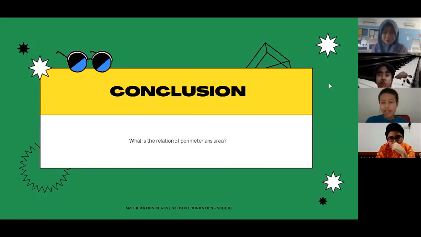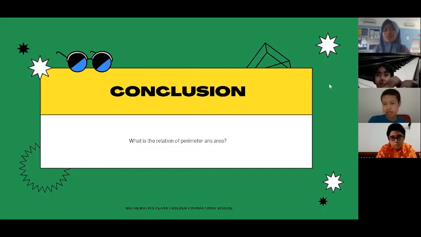If you only know the shape and the area, I don't think you can find the perimeter. Yeah, it depends on the shape as well.